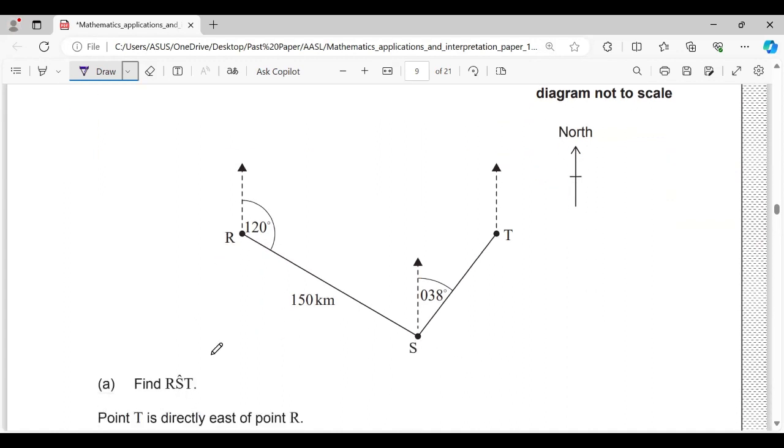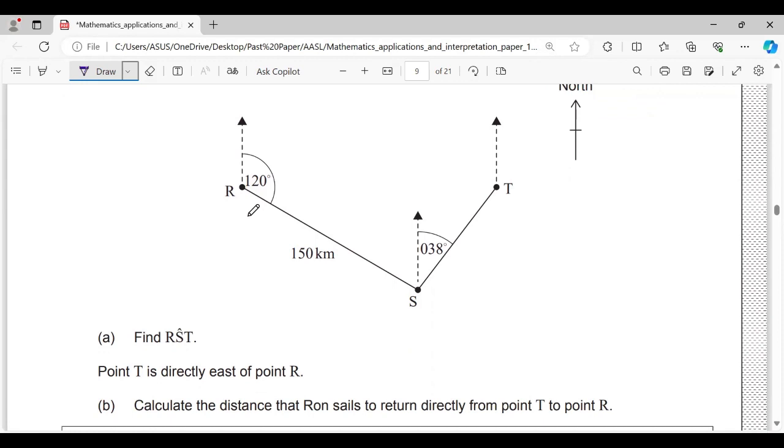Find angle RST. We're going to find this angle.